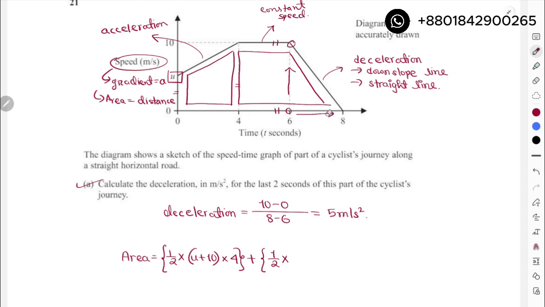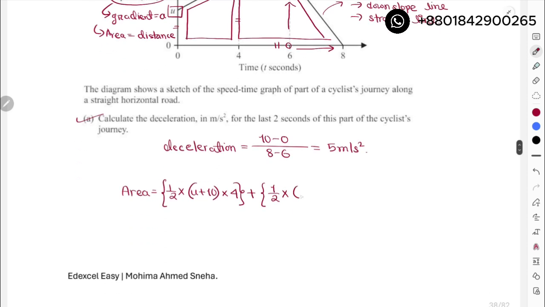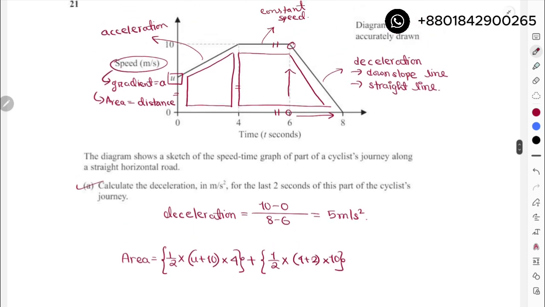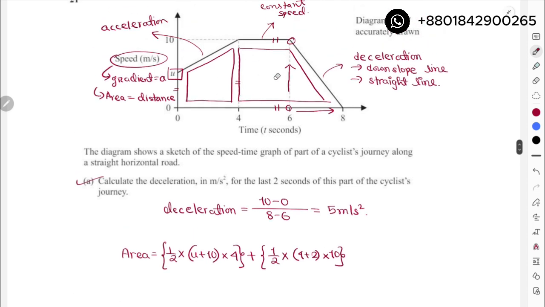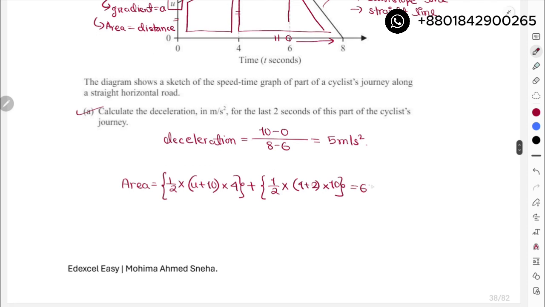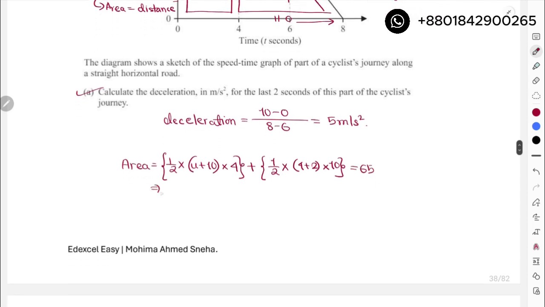The parallel sides here are 4 and 2. So we can write 4 plus 2 multiplied with the height, which is going to be 10. Height is 10, right? Because for this trapezium, this vertical length is your height, which was 10. And all of this is going to give you 65 meters. This is going to end up as 2u plus 20, and this is going to be 5, 6, 1 minute.